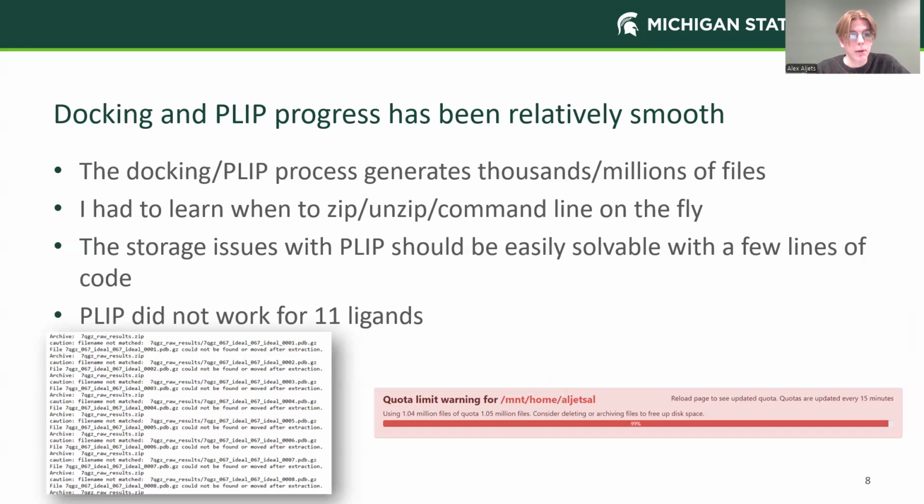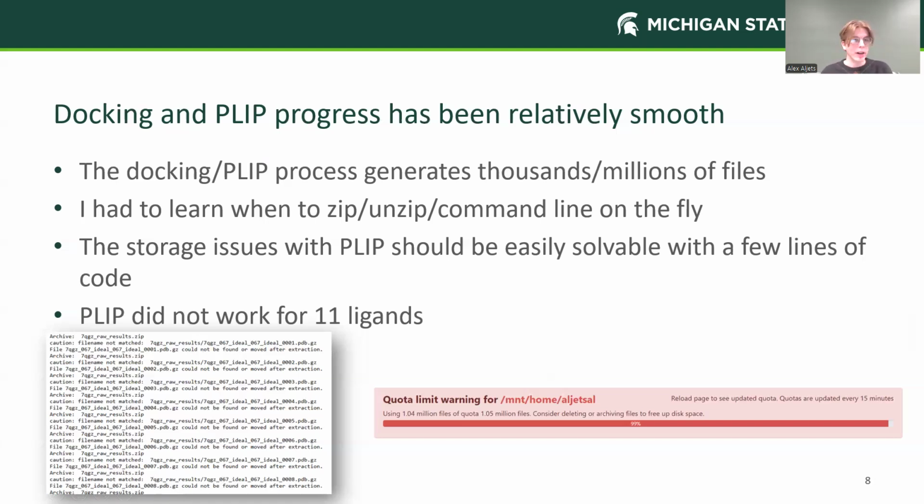Another problem was that PLIP just didn't work for 11 ligands. Originally, it was about 150, and then with resubmitting and resubmitting, it got down to a list of 11 stubborn ligands that PLIP wouldn't read for whatever reason. Generally though, they were like numbers, like 667 was one of them, and this one says 067, like 9E4, 9E9.